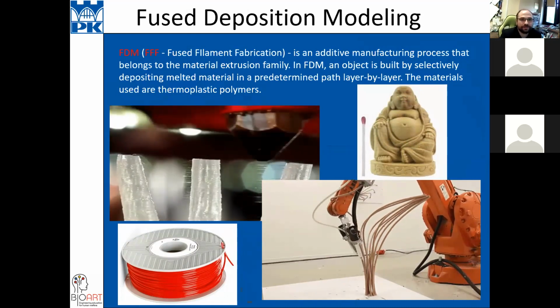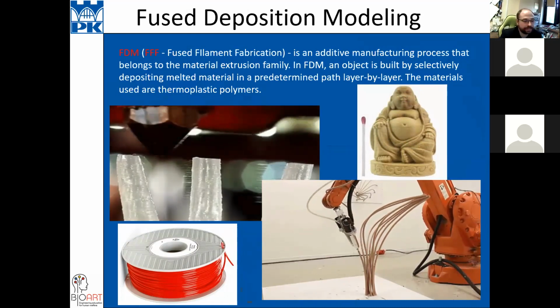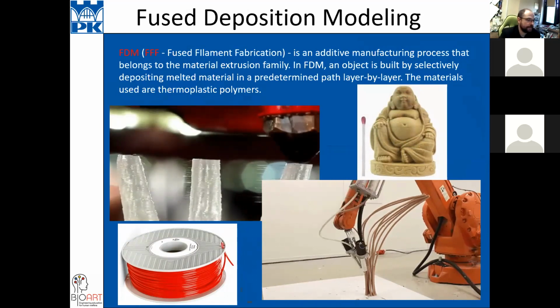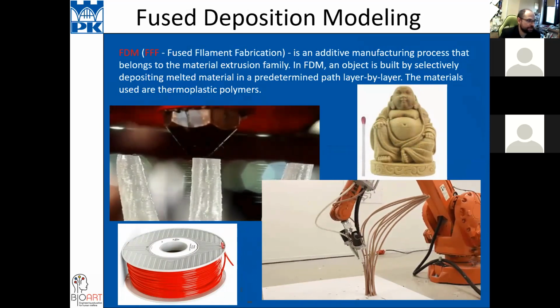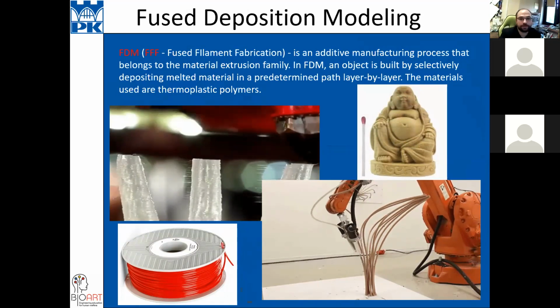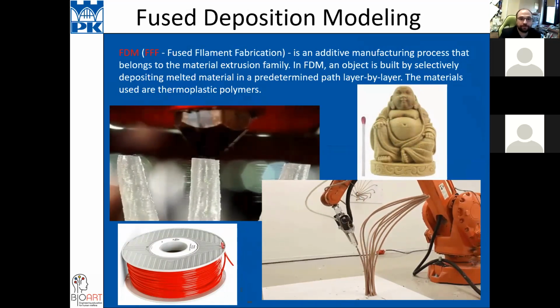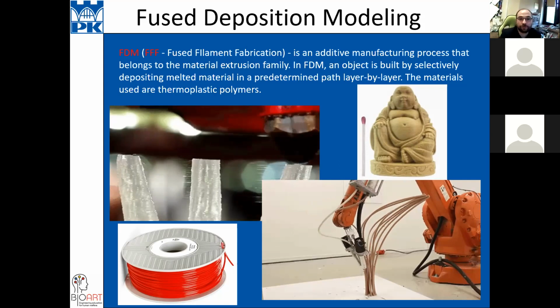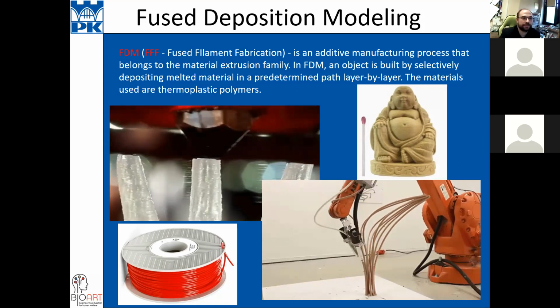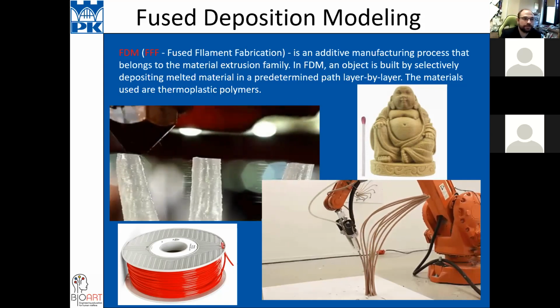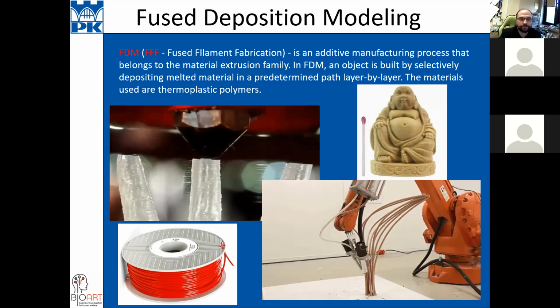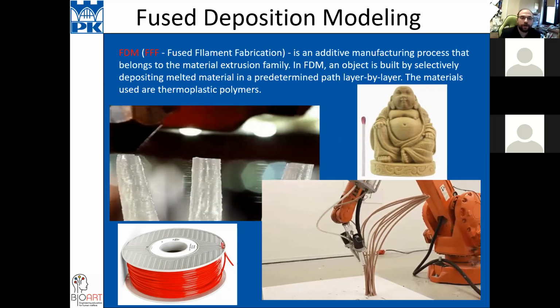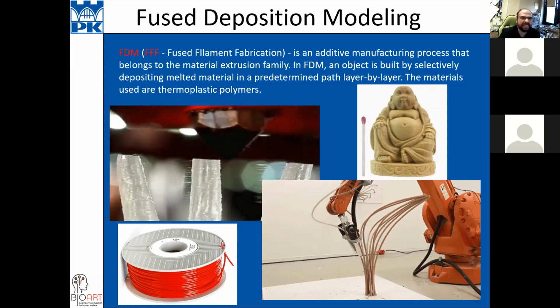You can get nice prints with this technique. But fused deposition modeling is not only printing something from polymers. You can print something from concrete. You can print something from clay or different kinds of material. The basics are all the same.